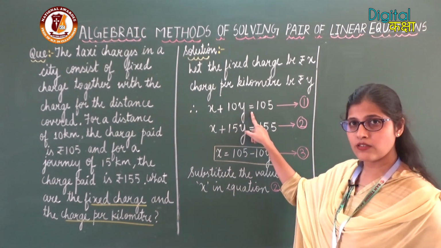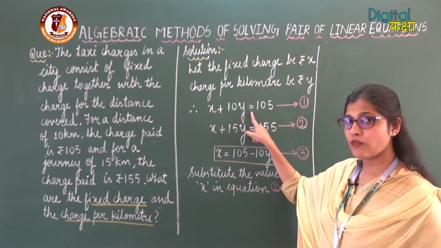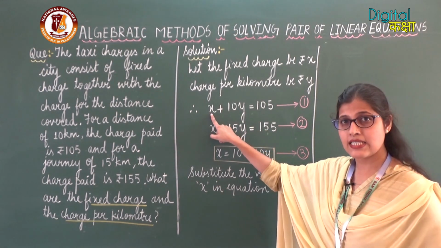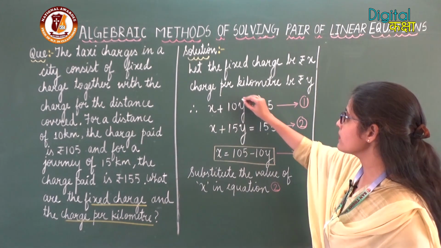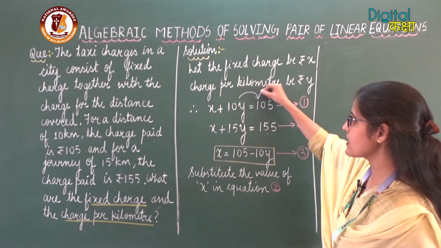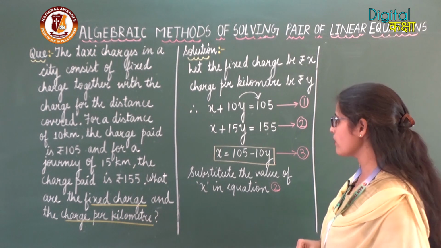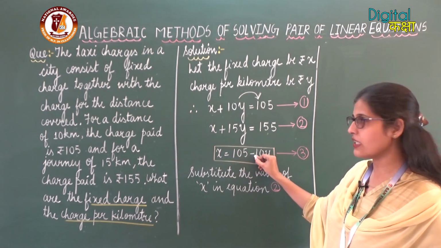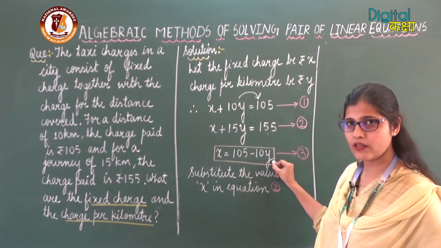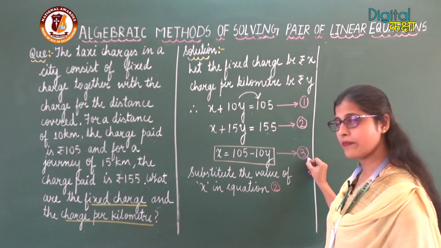As we know, from equation 1, we will be writing the variable x in terms of the variable y. So, we will be shifting this 10y to the right hand side. So, our equation will be x equals 105 minus 10y. We'll mark it as equation 3.